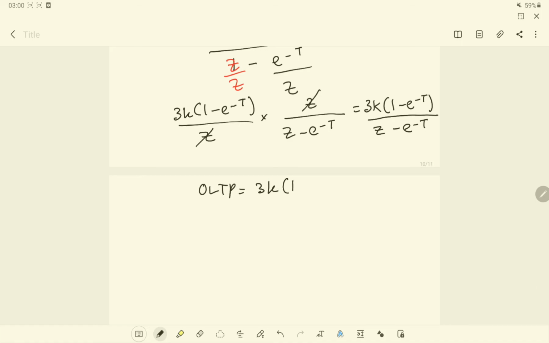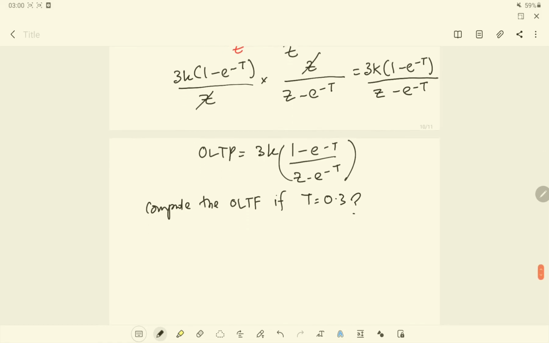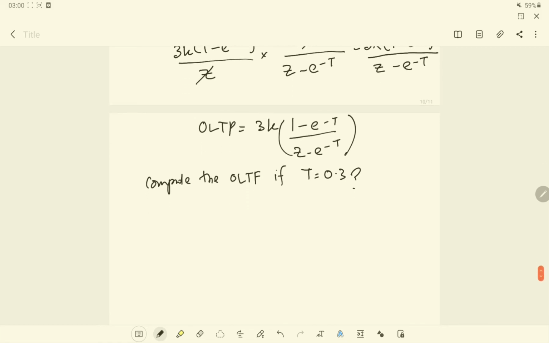What if the question asks, let's see the question is something like this: compute the open loop transfer function if t equal to 0.3. So what you have to do is just replace the value of t in the equation that you get.